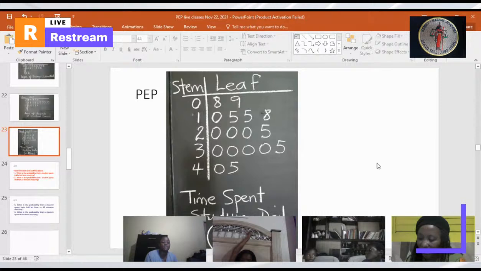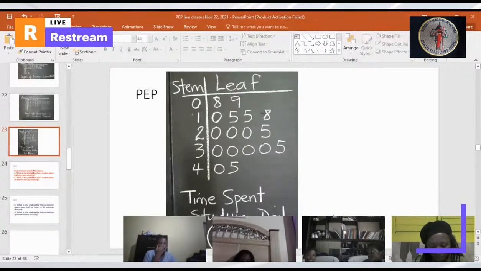Any ideas? All right, so the probability of something happening would be the chance of that thing over the total number of chances.